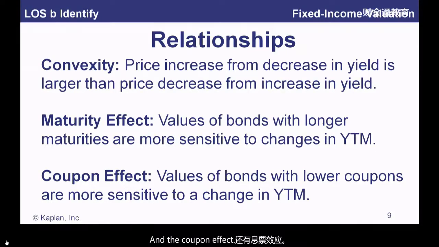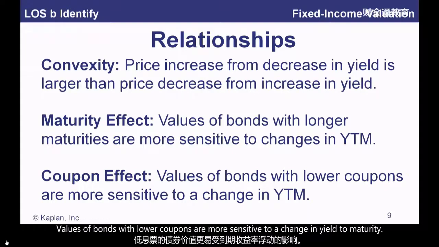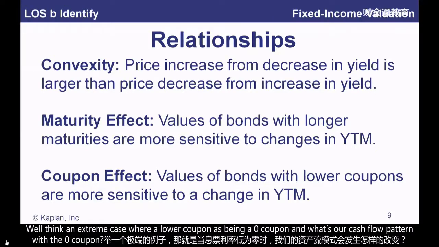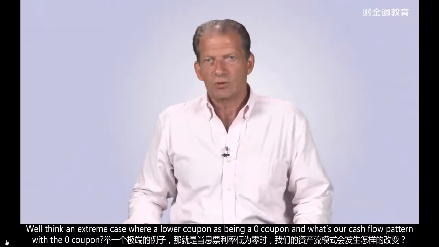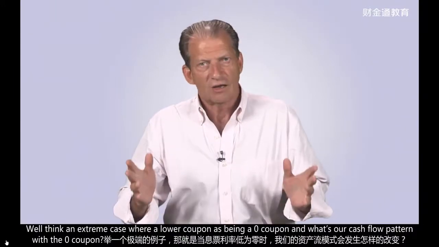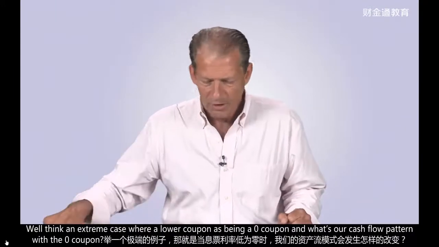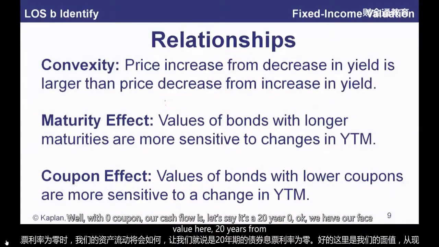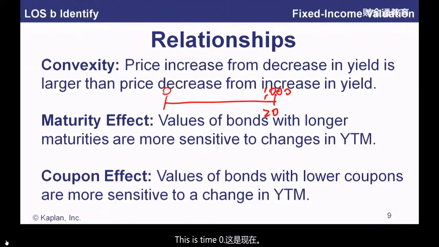And the coupon effect, values of bonds with lower coupons are more sensitive to a change in yield to maturity. Well, think of the extreme case of a lower coupon as being a zero coupon. And what's our cash flow pattern with a zero coupon? Well, let's say it's a 20-year zero. We have our face value here 20 years from now. This is time zero.